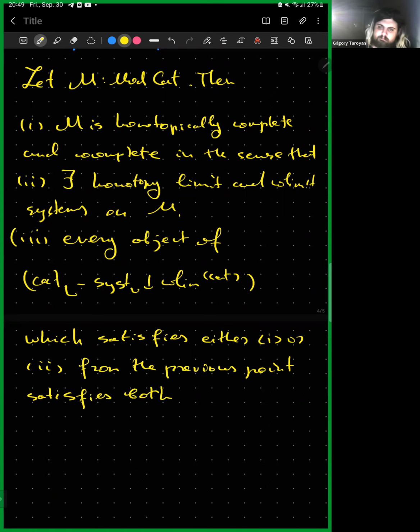Satisfies both. And this implies that it is such a colimit system.